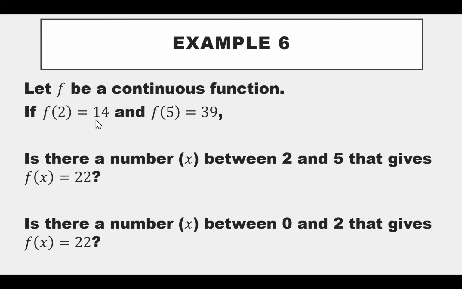In this case, we'd say yes, because 22 is between 14 and 39, and we know every value between 14 and 39 is going to exist on the closed interval between 2 and 5. So there is some x value between 2 and 5 which is going to give me an output of 22.